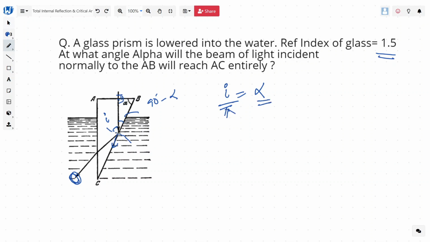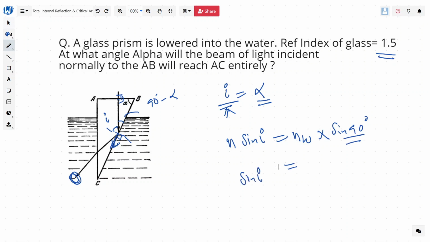We know the refractive index here, so we'll write N sine I. This side is water, so NW into sine 90, so this is 1.